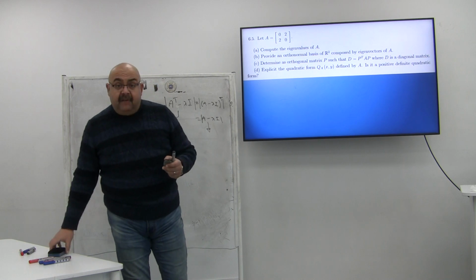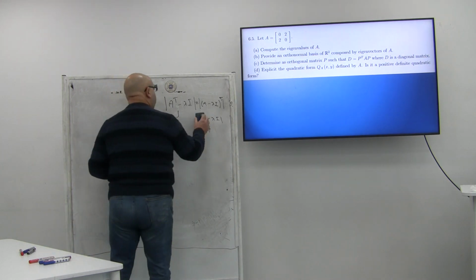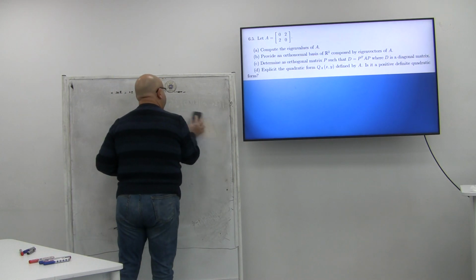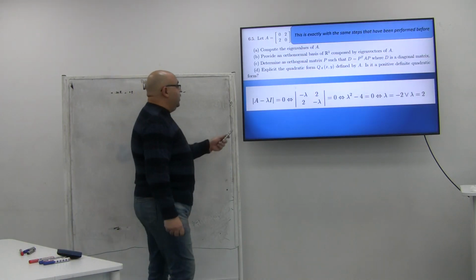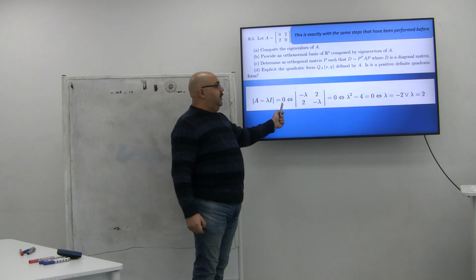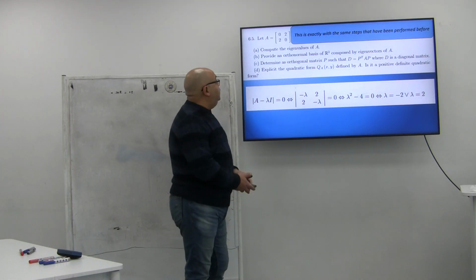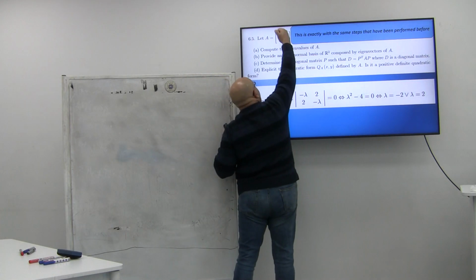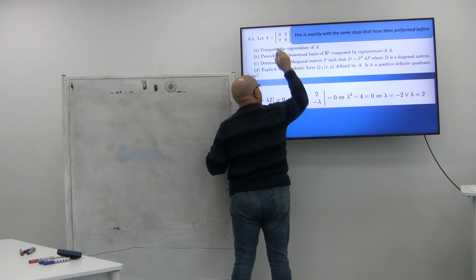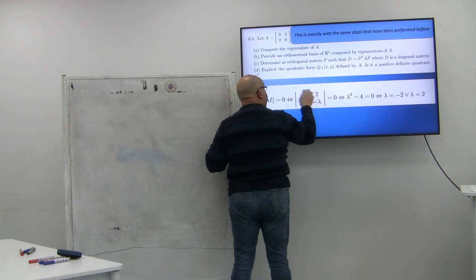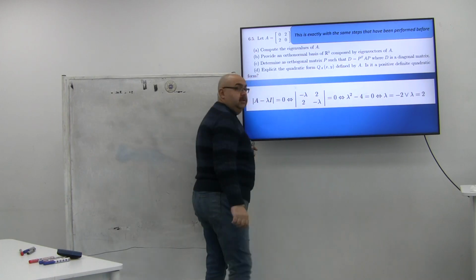So all I have to do now is once more get back to that characteristic polynomial, and I will try to solve. So this is my characteristic polynomial, A minus lambda I equal to 0. So I will take the elements on the principal diagonal, subtracting the lambda from each element of them, and then expanding this determinant, which is going to be lambda squared minus 4.